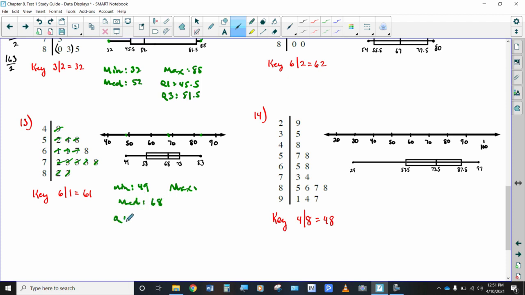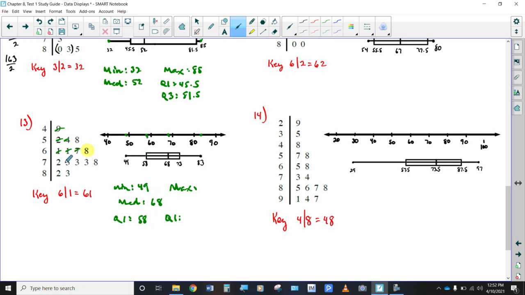Now for the first quartile, we're going to take all the numbers in the lower half. Everything below 68. How many numbers are there below 68? 1, 2, 3, 4, 5, 6, 7. Very good. We're going to have a single number in the middle there. So let's go ahead and do that whole median thing again. Looks like it's 58. So that goes right here.